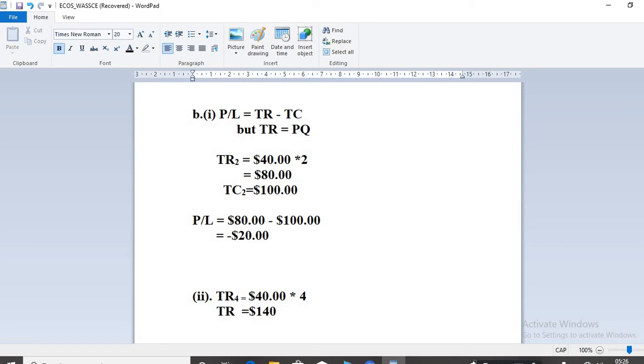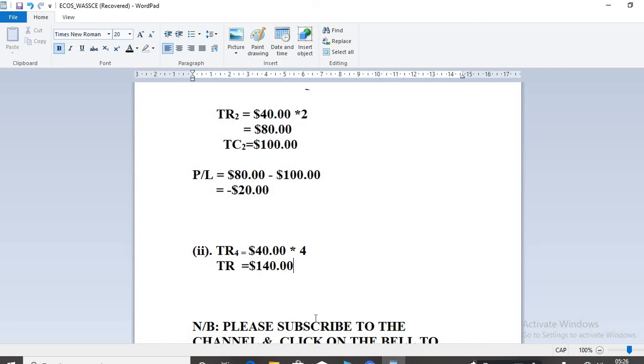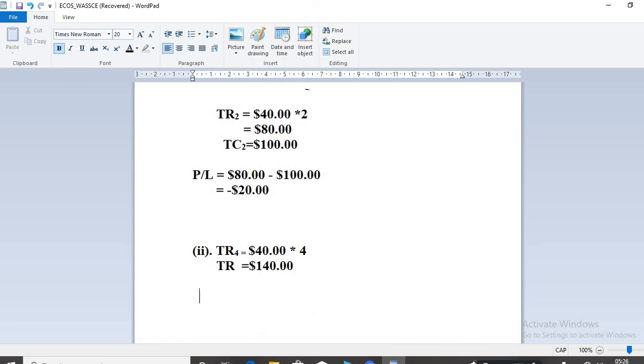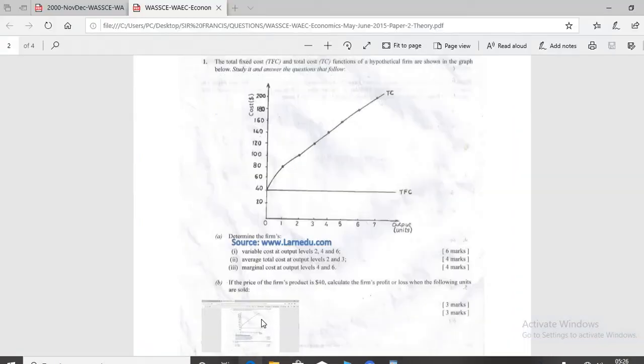So once we've gotten the total revenue, we have to get the total cost. So the total cost for output 4 will be how much? We'll be able to get that when we trace it from the graph. At output 4, what is the total cost? We trace it from here.